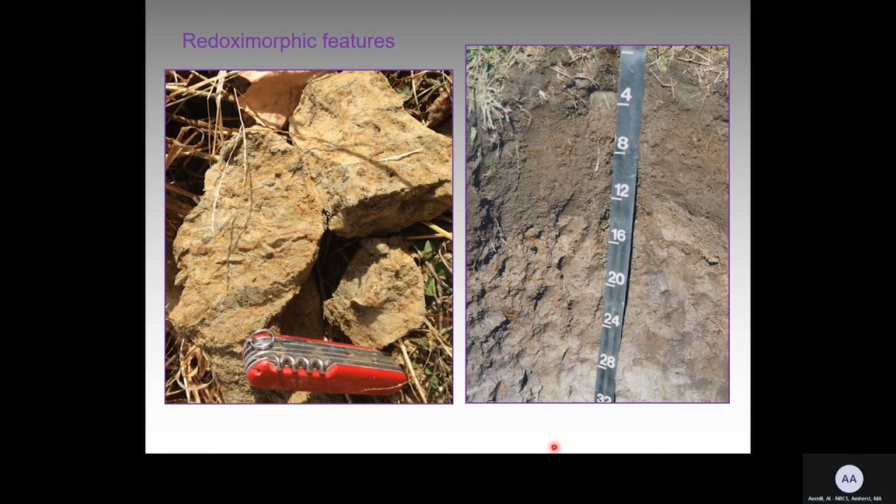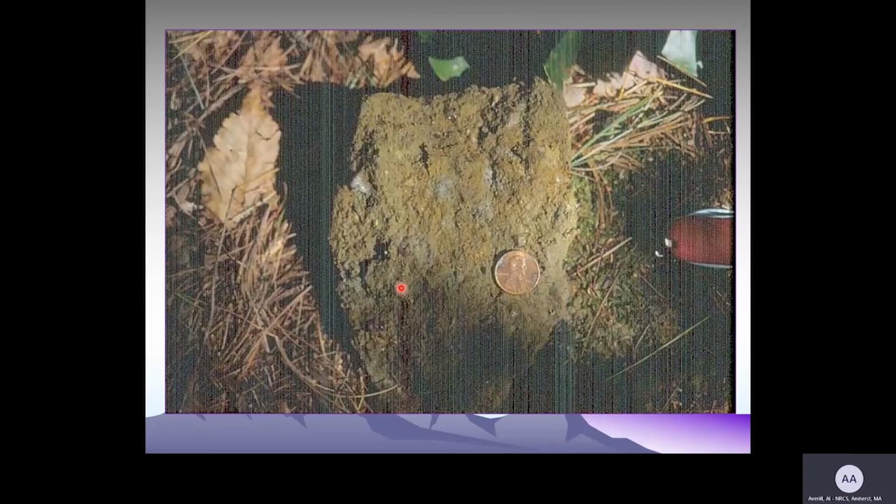So it was just another shot. And this is pretty typical of redoximorphic features. Here's where the iron's been reduced, where the iron is depleted, immediately surrounded by where it's precipitated out, and that's pretty common to see, where the depletion and the concentration are associated with one another.